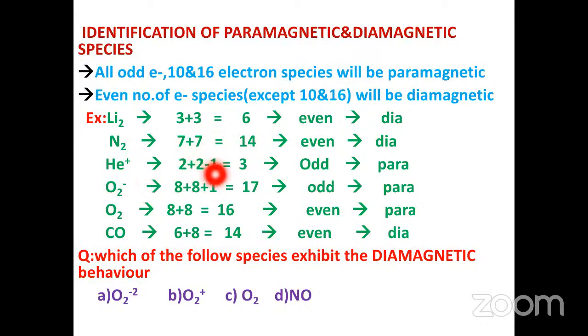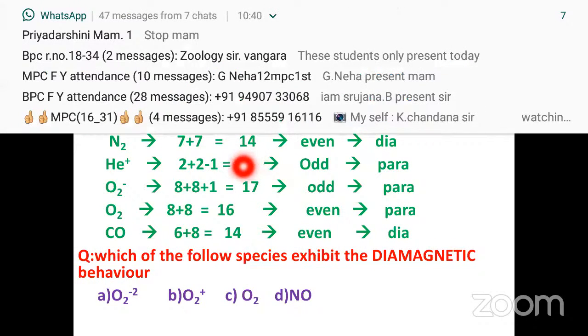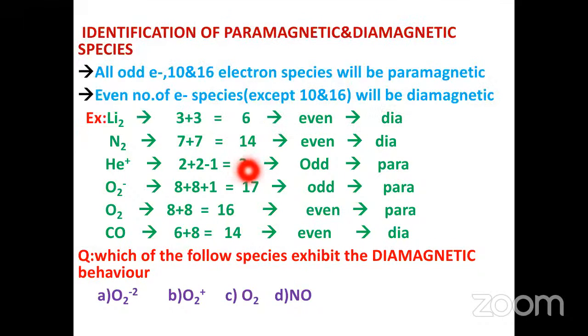Now the He2 plus ion has 3 electrons. 3 is an odd number. All odd-electron species, and 10 and 16 electron species, will be paramagnetic. So this He2 plus ion exhibits paramagnetic nature.